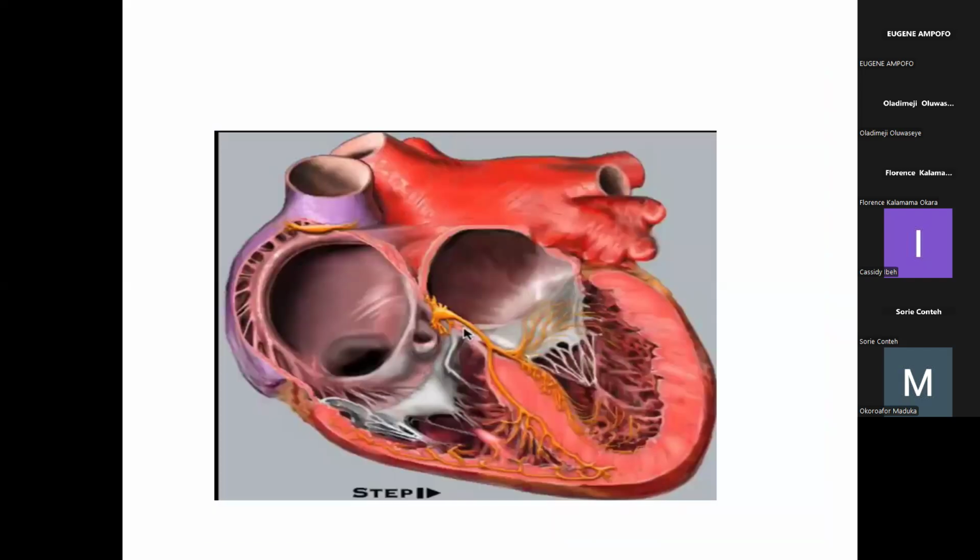So coming to this slide, we all know this slide. And this is very important when we're discussing EP. Knowing the location of your SA node, the location of your AV node, the bundle of His, and its divisions. So when we pass the catheter, we are trying to get our catheter close to these conductive tissues so as to monitor the arrhythmias in them.